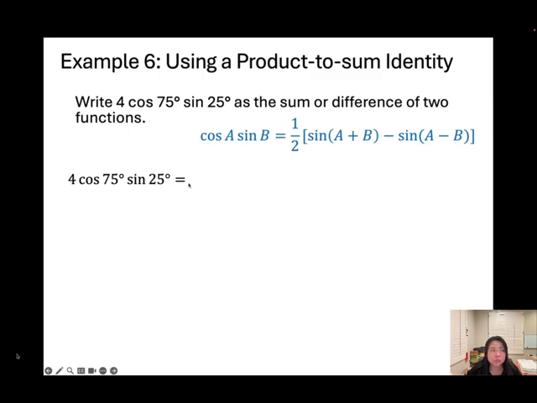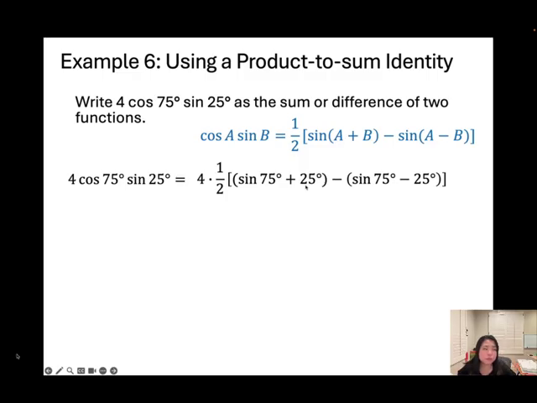And then we're going to keep the 4 outside here. Okay, 75 plus 25 will be equal to 100, and this is going to be equal to 50. Okay, 4 times 1/2 is going to be equal to 2. I distribute the 2 as well.